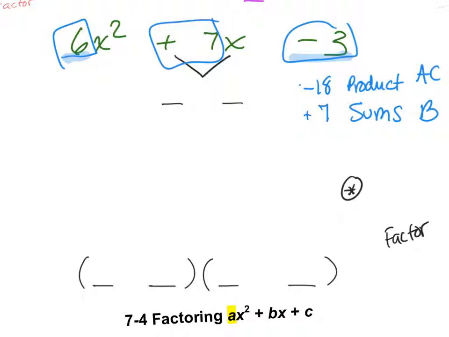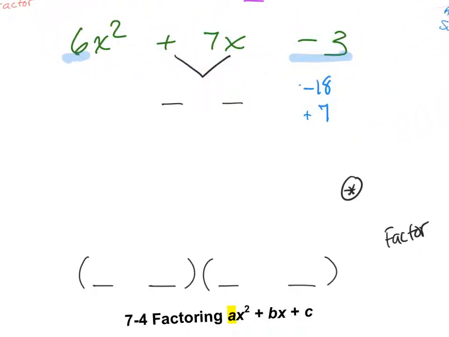Well, we have the factors of 18, 1 and 18, but they don't add up to 7. 2 and 9. Well, 2 plus 9 is 11, but 9 minus 2 is 7. So this is the one we're going to use. Now, knowing that it's 2 and 9, you have to remember that they multiply to a negative and add to a positive.